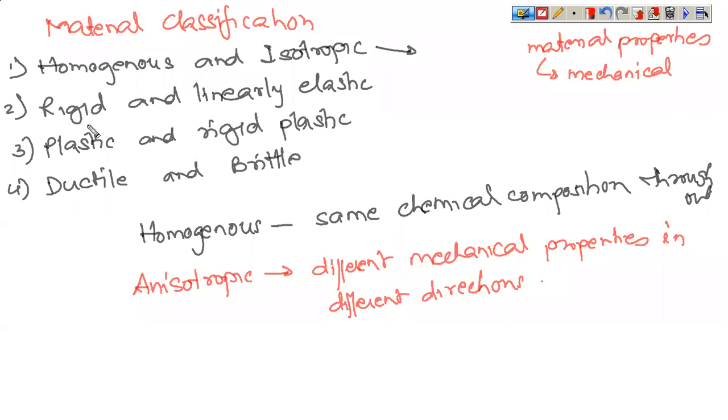An elastic material is a material which, upon application of load, shall behave in a specific manner and come back to its original shape and size after removal of load.